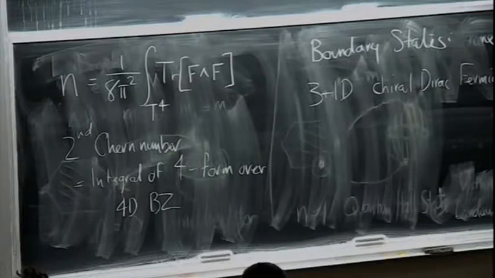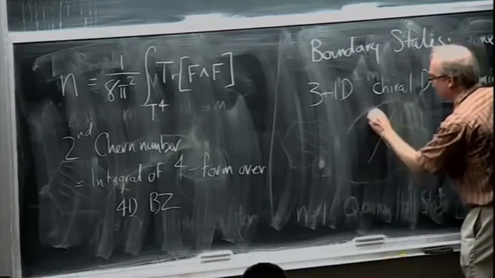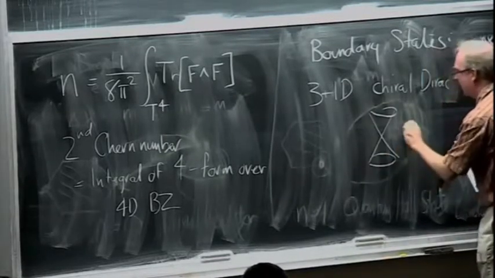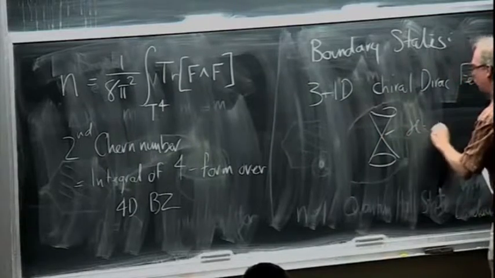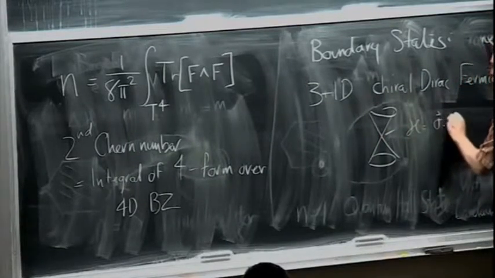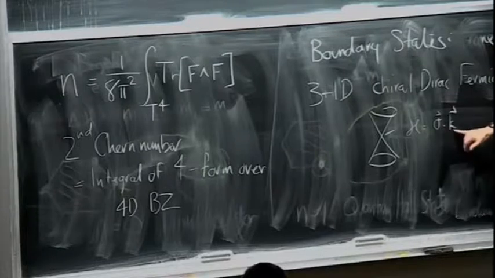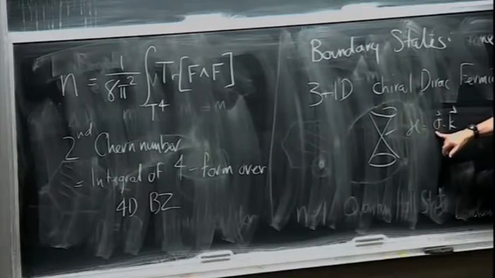Okay, so it's possible to have in 3 dimensions a Weil point where near this you have H equal to sigma dot K, and you've used up all of the Pauli matrices.